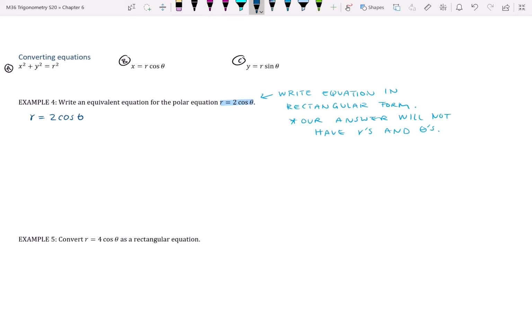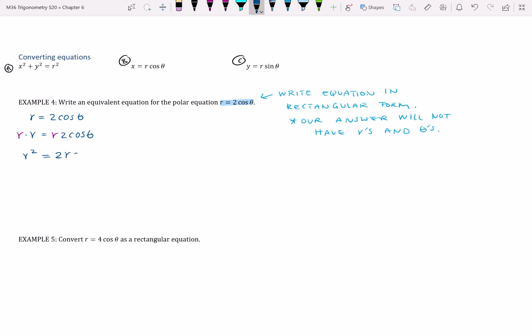So if I multiply both sides by r, I get r times r is equal to r times 2 cosine of theta. Well, we would have r squared is equal to, and since multiplication is commutative, 2r cosine of theta.